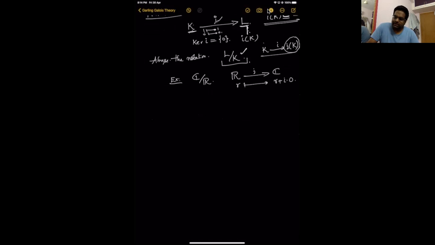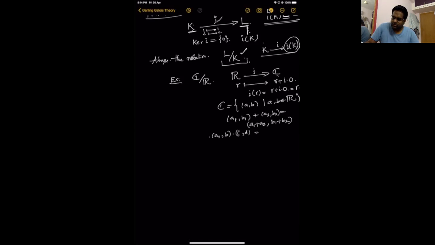So here this is my i, and i of R is r plus i times 0, which you usually denote as R. But if you remember, C is the set of all tuples (a, b), where a and b belong to R, such that (a1, b1) plus (a2, b2) is equal to (a1 plus a2, b1 plus b2), and (a, b) times (c, d) is equal to (ac minus bd, ad plus bc).